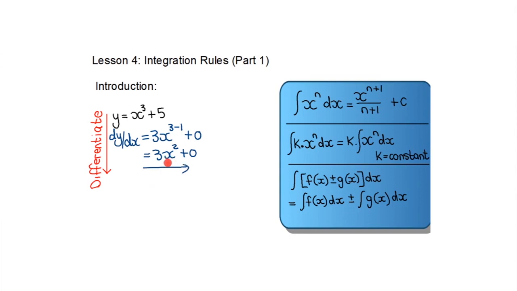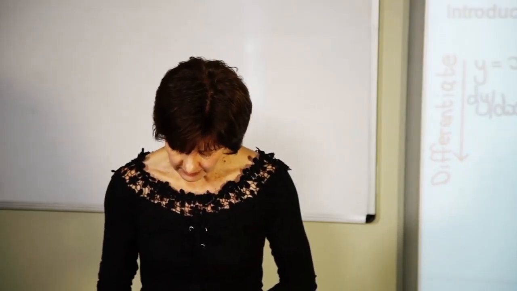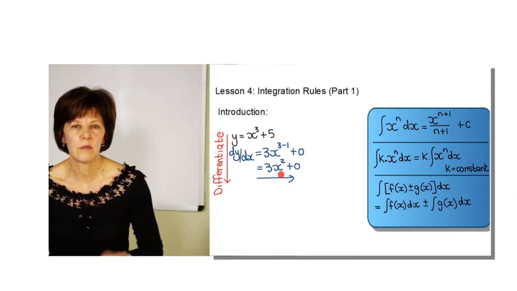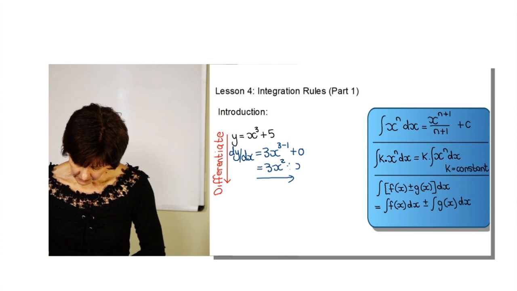So now let's say I want to know if the answer of differentiation is actually 3x squared. What did I start off with? Let's write this as 3x squared plus nothing, because 0 is nothing.